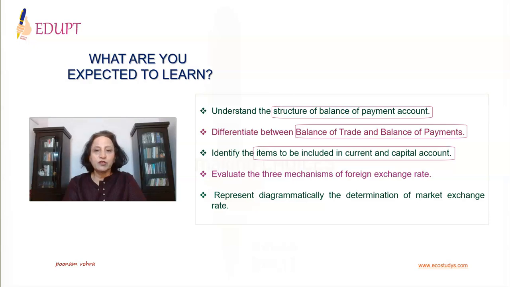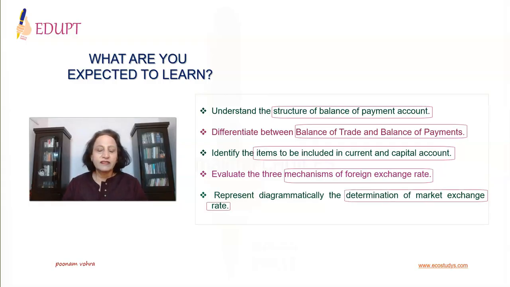You will be able to identify the items to be included in the current account and the capital account of balance of payments. You will also be able to evaluate the three mechanisms of foreign exchange rate and represent diagrammatically the determination of foreign exchange rate.